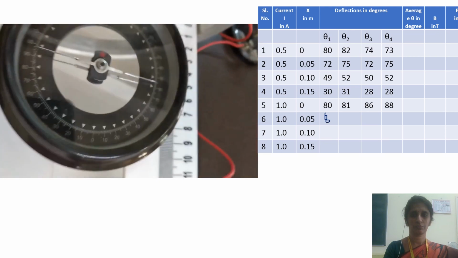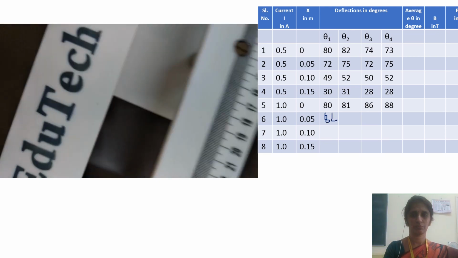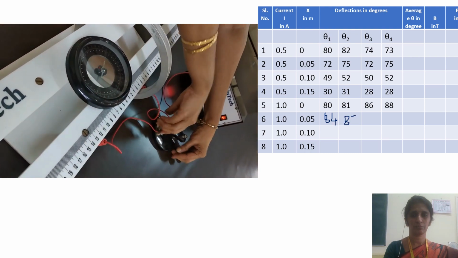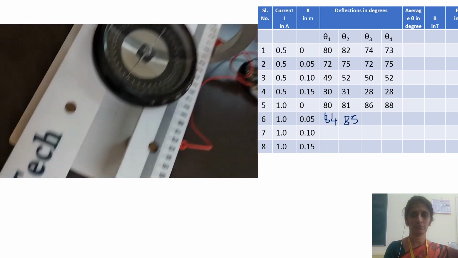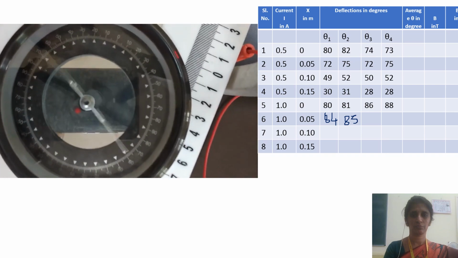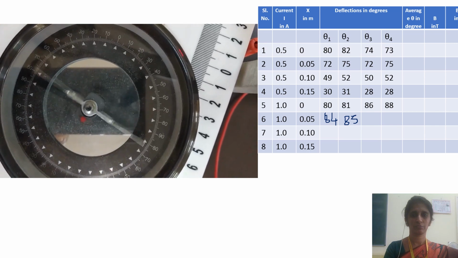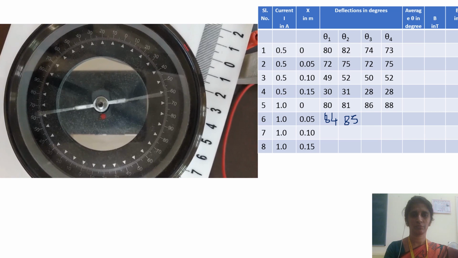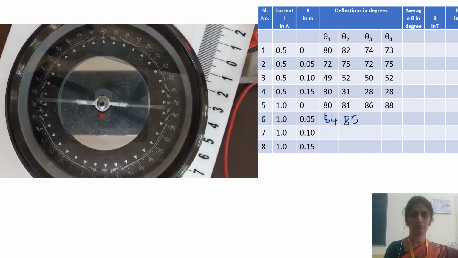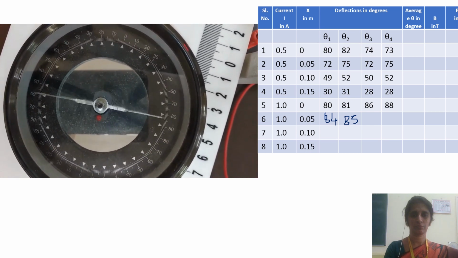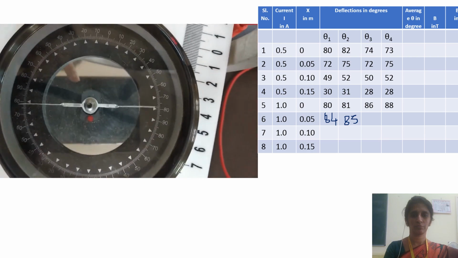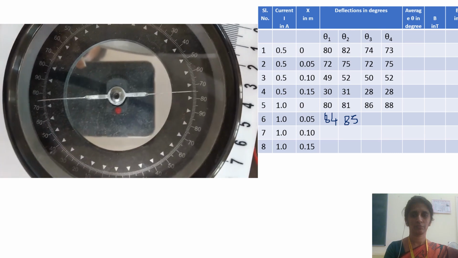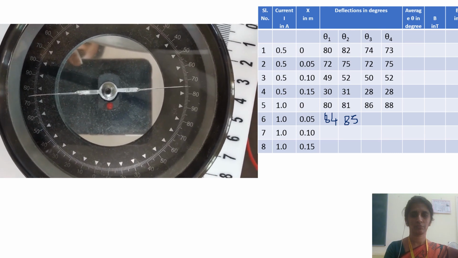Now let us reverse the direction of the current and note down theta 3 and theta 4. It comes out to be 75, 75.